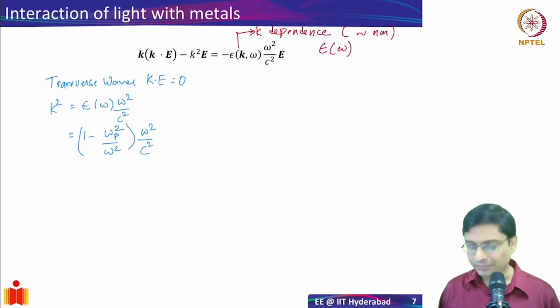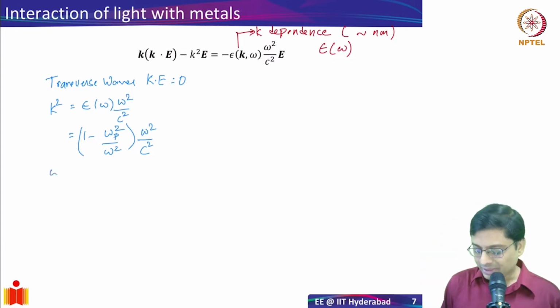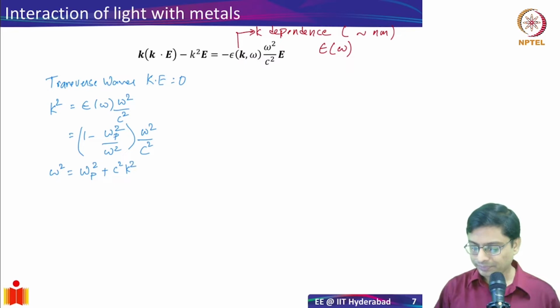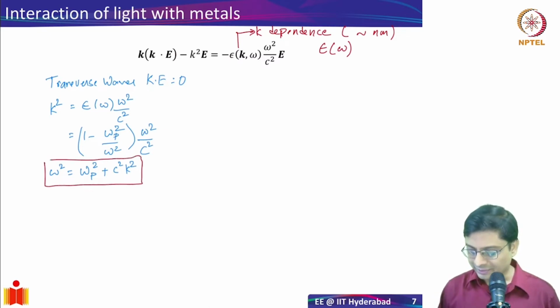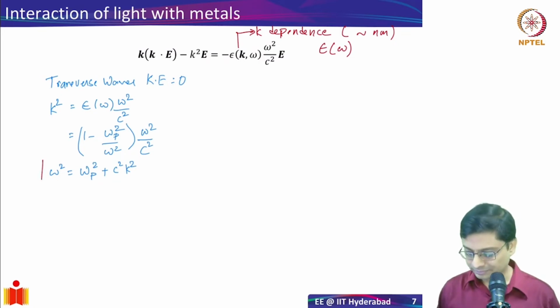If you rearrange it, quickly you will see that omega square equals omega p square plus c square k square. So when you have light interacting with metals, we have a different dispersion which is given by this.